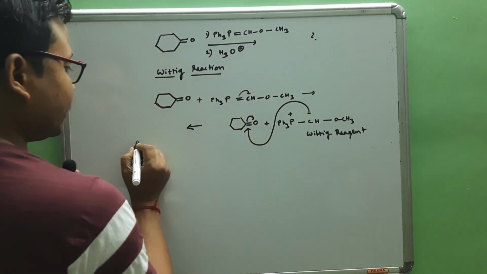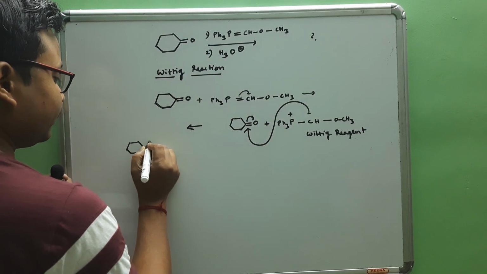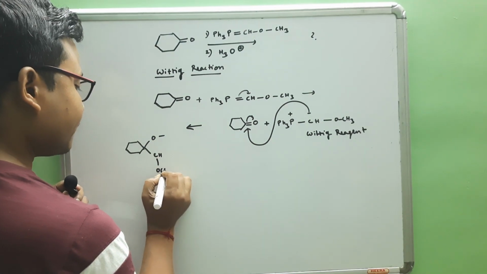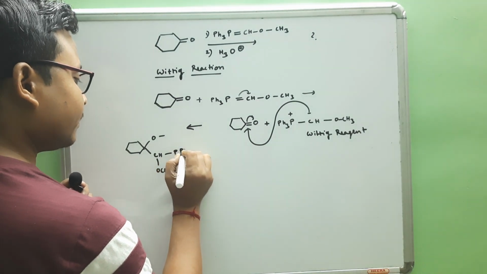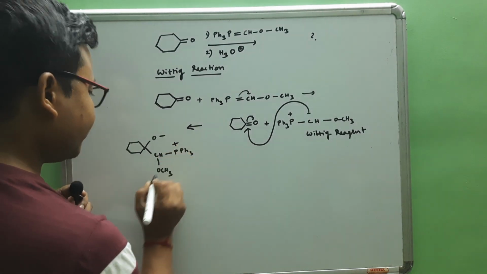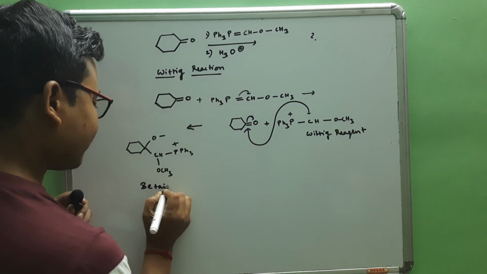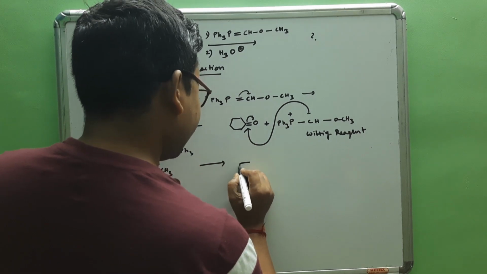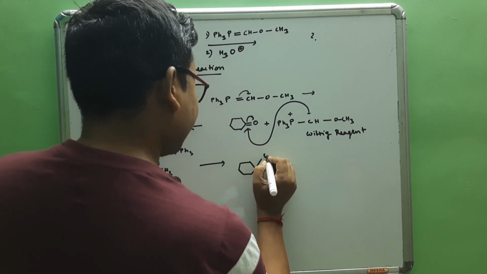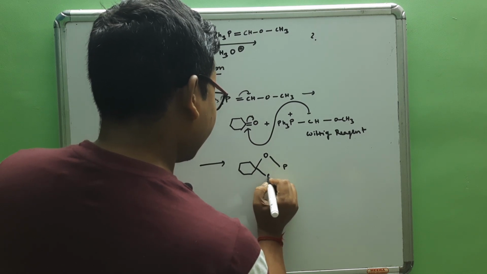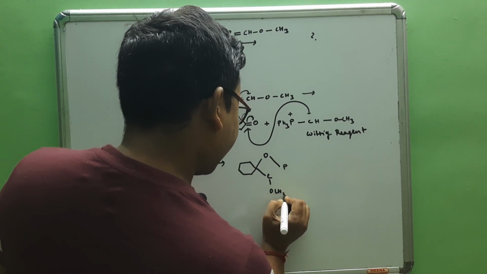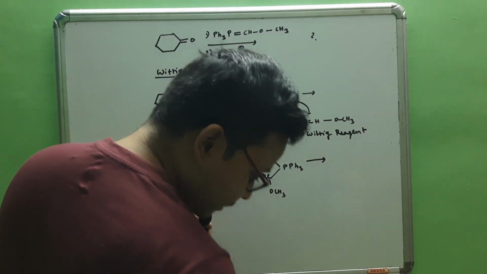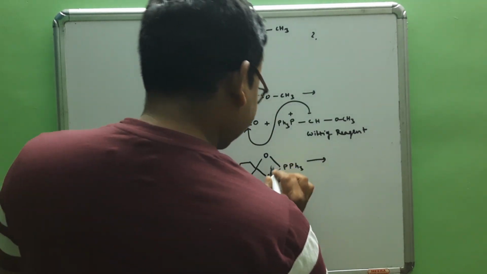this is polar, so this is O minus, this is CH3, and basically this is betaine, with negative charge, where this phosphorus, and it like this.